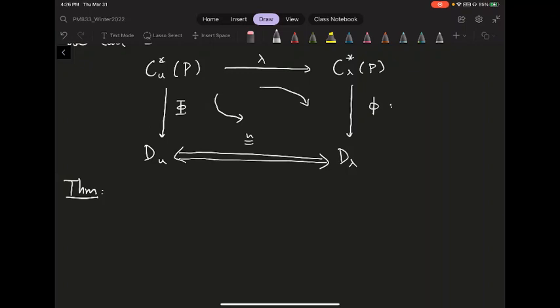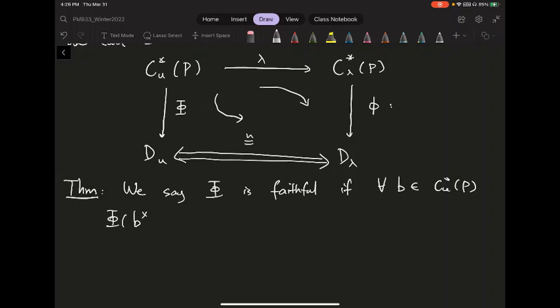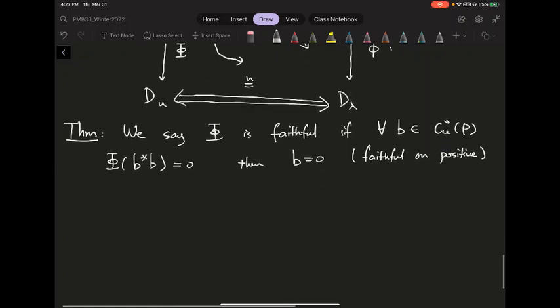We say this phi is faithful if for every b inside your universal C star algebra, if phi of b star b is equal to 0, then b has to equal 0. In other words, this is really just faithful on positive elements. Of course, your phi is mapping from a big algebra to a smaller one, so there's no way it's faithful as just a map. But as long as it's faithful on the positive elements, then we say it's a faithful conditional expectation.